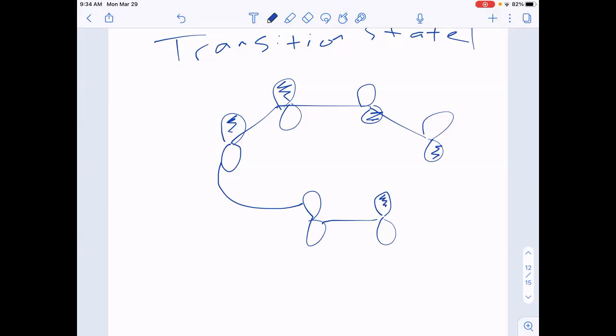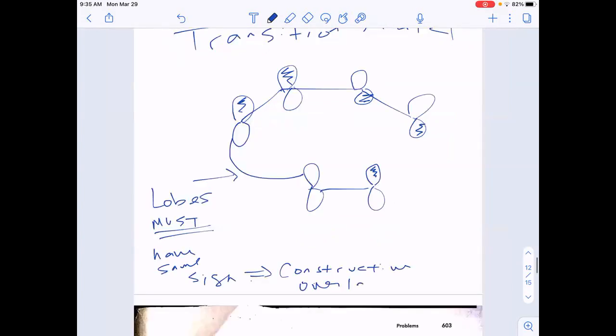That makes sense. Yes, it makes a lot of sense. It's like if you add positive one to negative one, you're going to get 0 because they might be the same number, but they cancel each other out. So the lobes have the same sign so they can properly overlap, and you can share electrons.